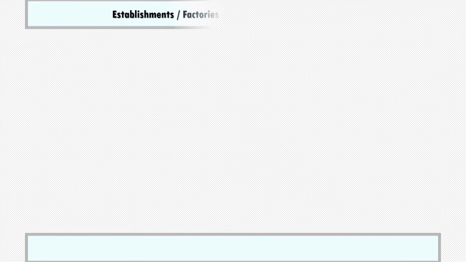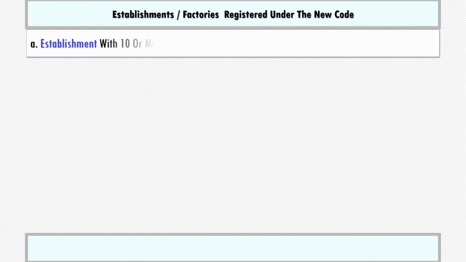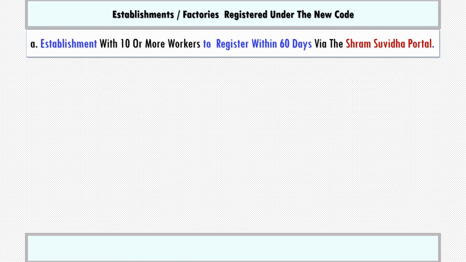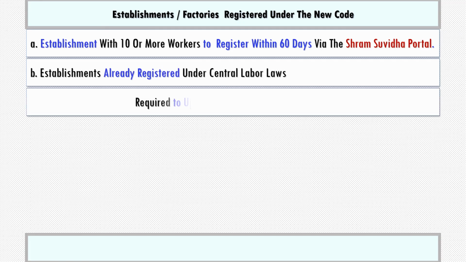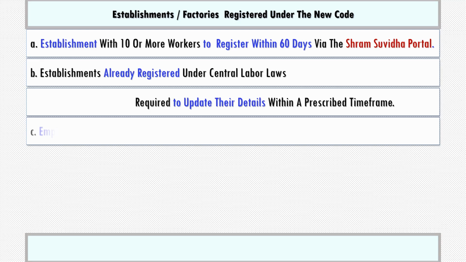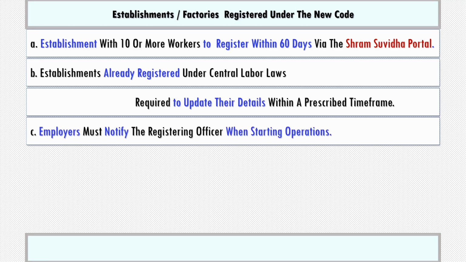The first sector, establishment with 10 or more workers, required to register within 60 days using the Shram Suvidha portal. Establishments which are already registered required to update their details within a prescribed time frame. Employers must notify the registering officer when they are starting operations.